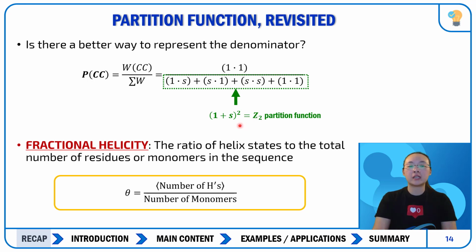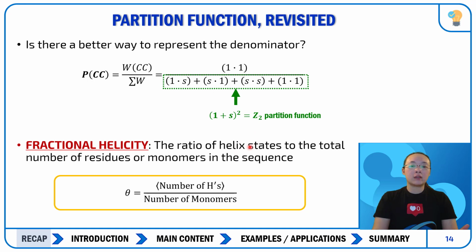So if you have 10 subunits, you'd have (1 + S) to the 10, or Z10, as a partition function. So I won't cover partition functions again. You can go through the previous lectures for that, but there are multiple ways of getting this denominator.